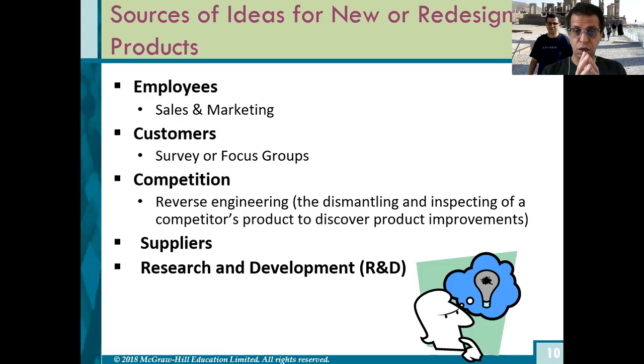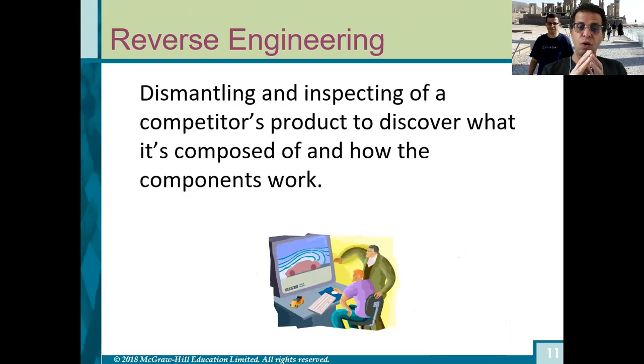That's what they usually do a lot in China, and in the old days they used to do it in Korea and Japan. We check with the suppliers. Suppliers usually have good ideas also. And we might have a research and development department involved in it.